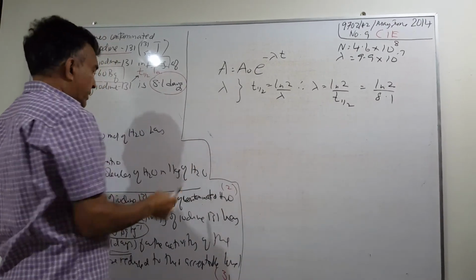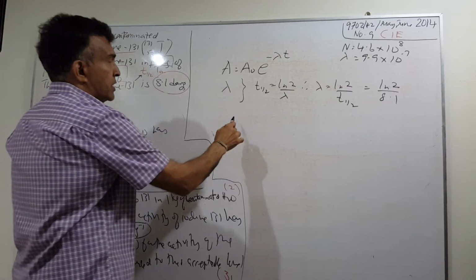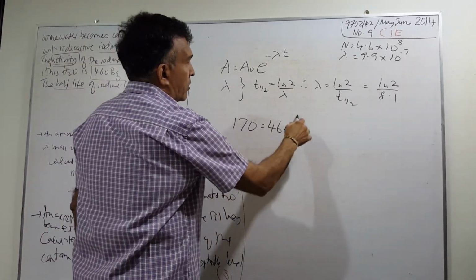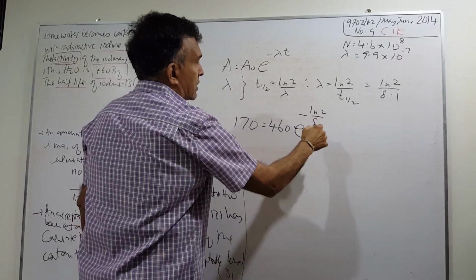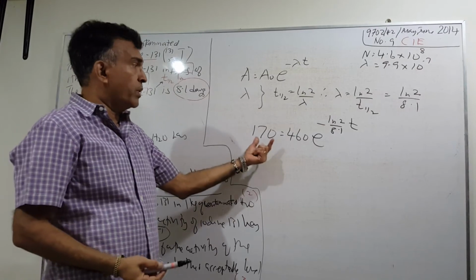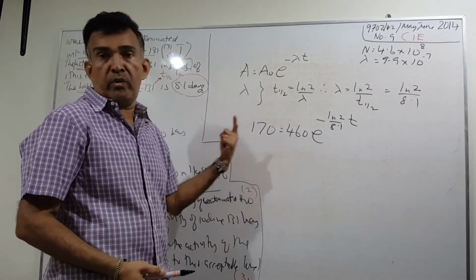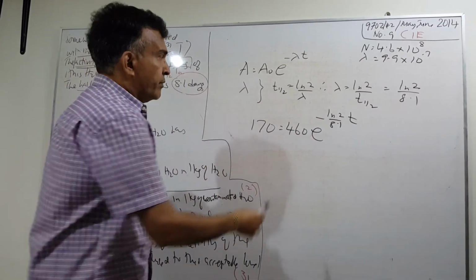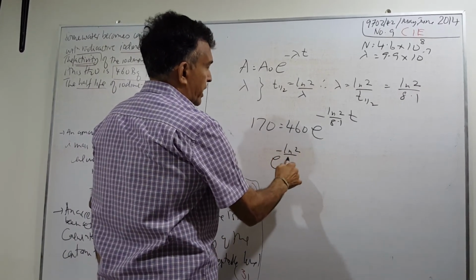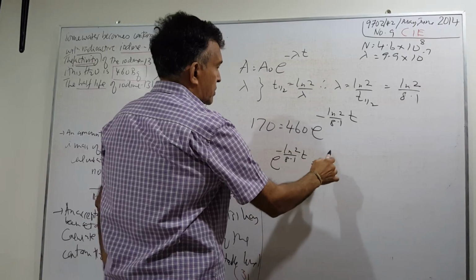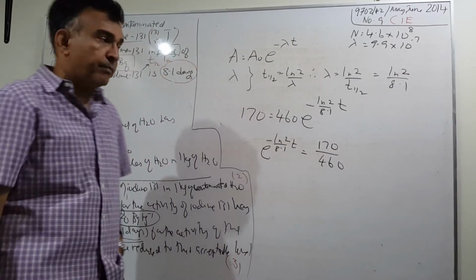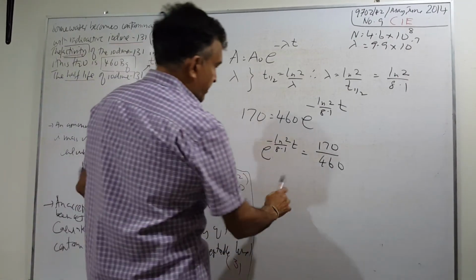Now let's just plug in the rest. The acceptable limit is 170, so let's plug in 170. We started with 460. So we have an equation with one unknown, we can solve it, and we're done. We have e to the power of minus ln 2 over 8.1 times t equals 170 over 460.